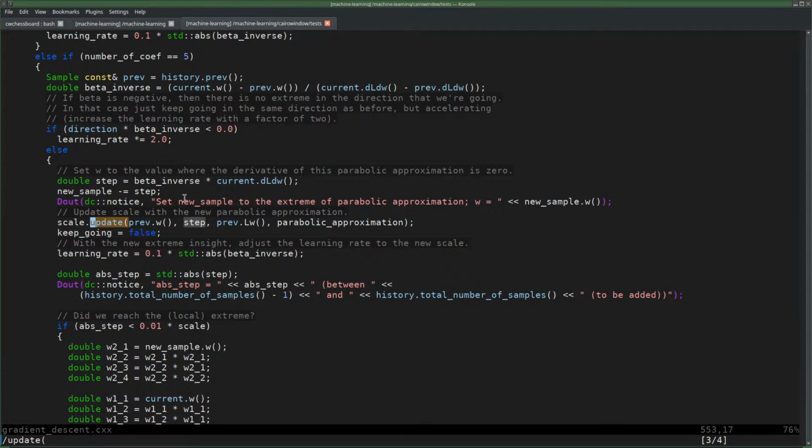Step is what you just subtracted from new sample. And new sample was current.